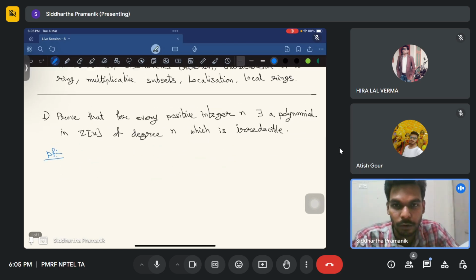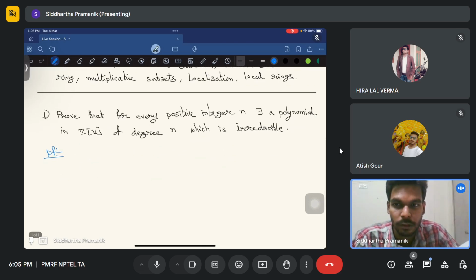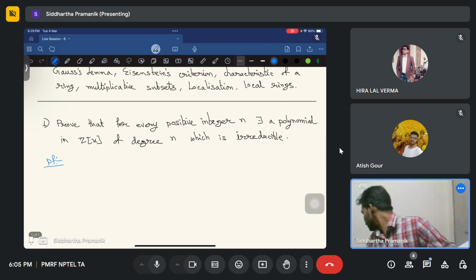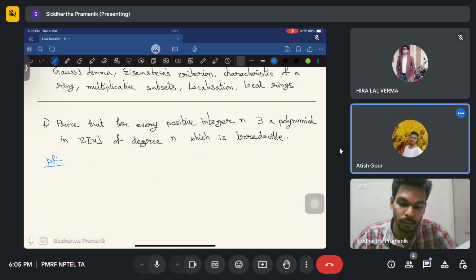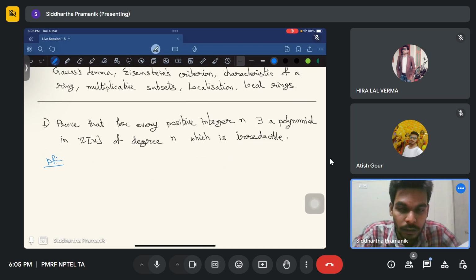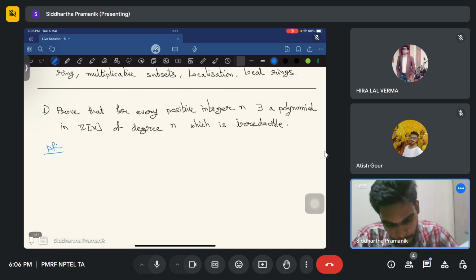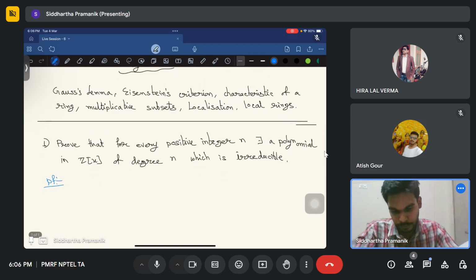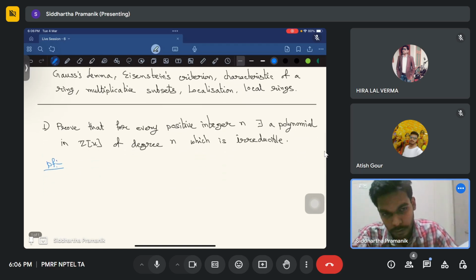So that is what we have to prove. Can you try this? Can you give me some example for this? X square plus 1. But this has degree 2, right? So this would depend on n. Okay.